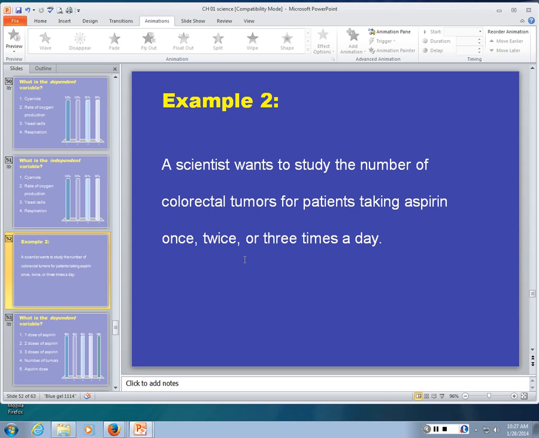So in this case, what would be the independent variable? The amount of aspirin. What about the dependent variable? The number of tumors is what we're measuring. Does that help a little bit, Lori?